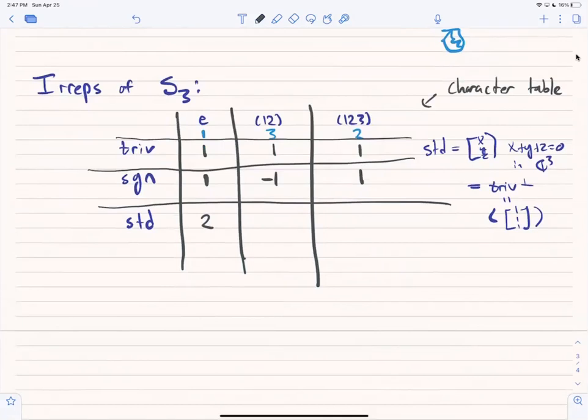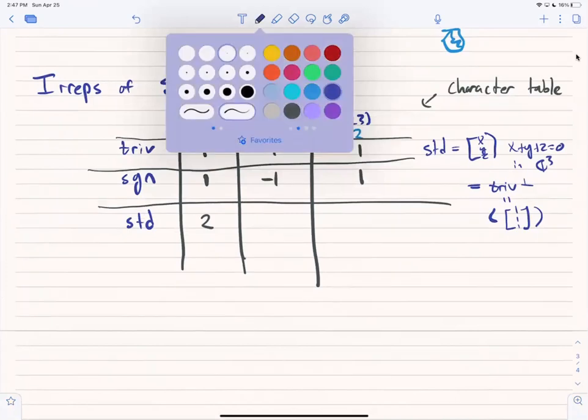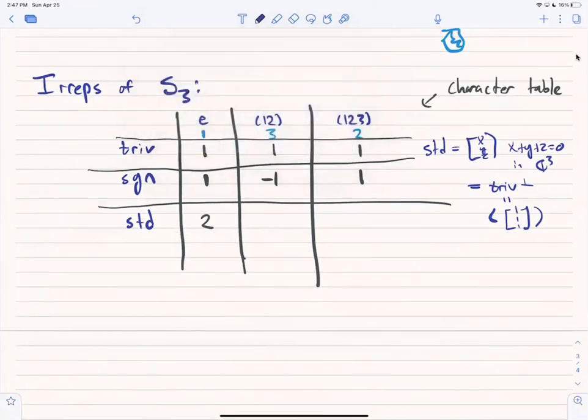To compute these remaining columns, we can use that C3 is equal to triv plus standard. This is a computation we did in the problem session, but let me just recall.